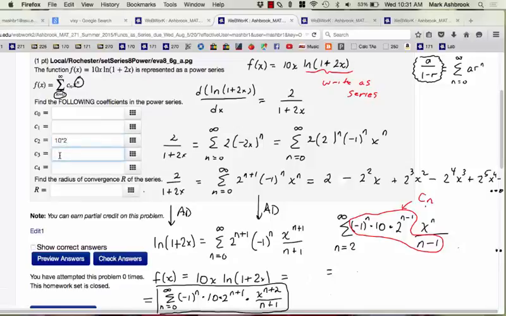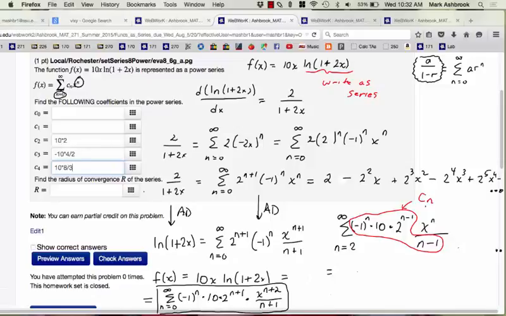Okay, C3. C3 is when n equals 3. So it'd be negative 10 times 4 over 2. And then when n equals 4, we'll have positive 1 times 10 times 2 cubed, or 8, divided by 3.